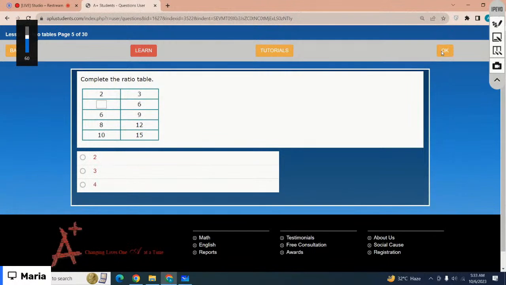So which value is missing? The missing value is 4. Got it?